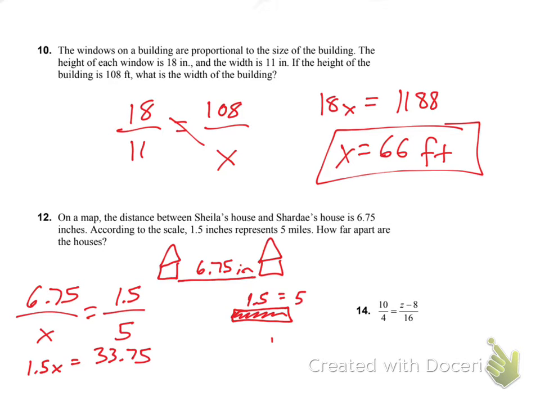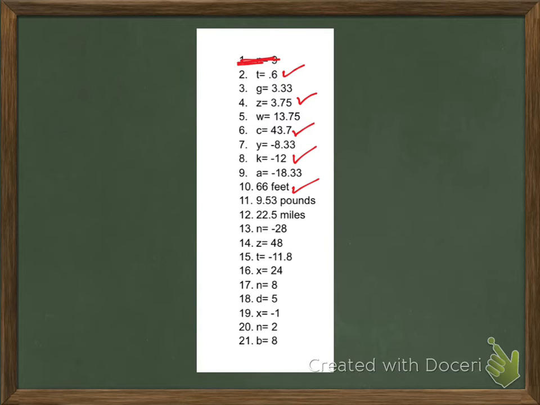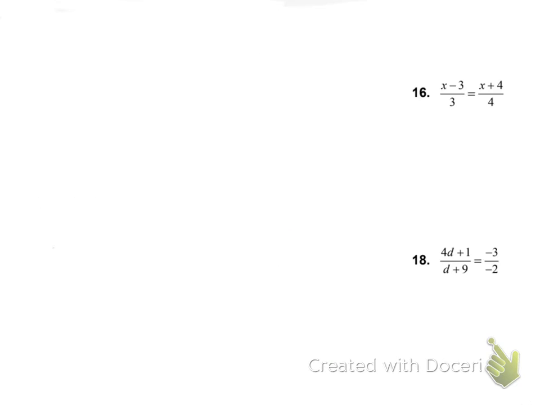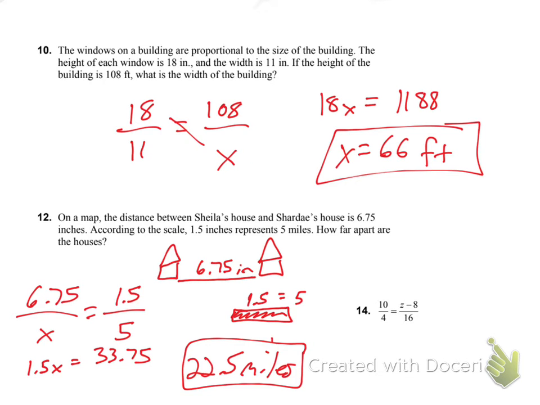I'm going to divide that by 1.5. So then it's asking how far apart are the houses. It should be 22.5 miles. Let's check my answer. 22.5 miles. So really it's all just about setting the proportion. You set the proportion up right, and you can cross multiply, and you can easily solve.